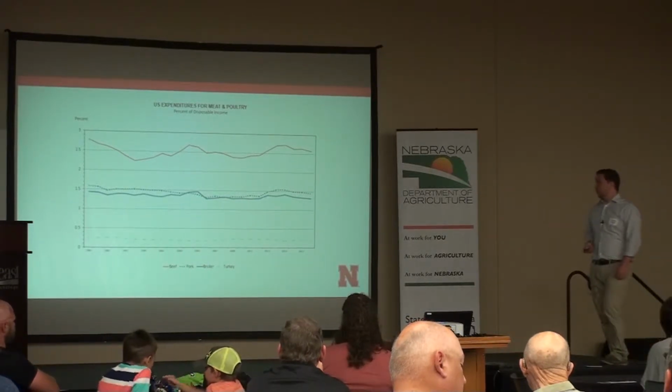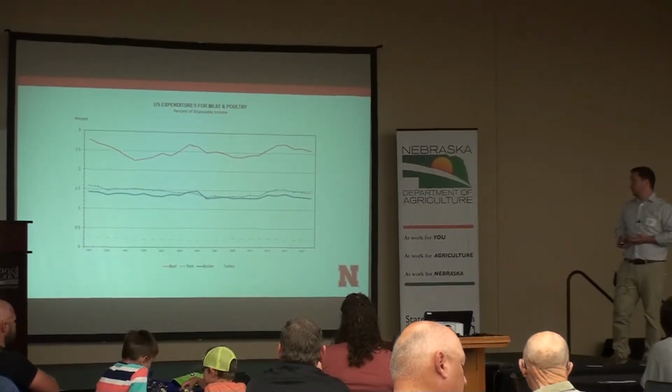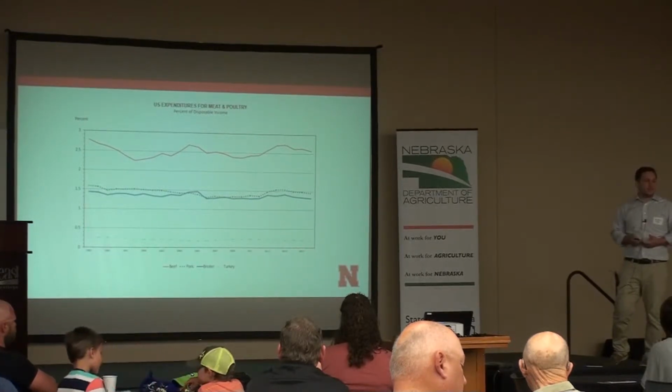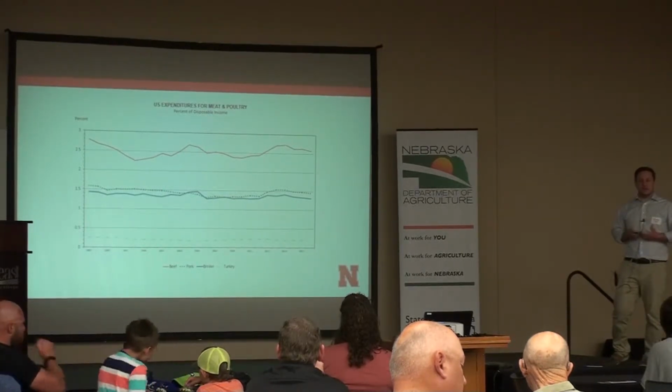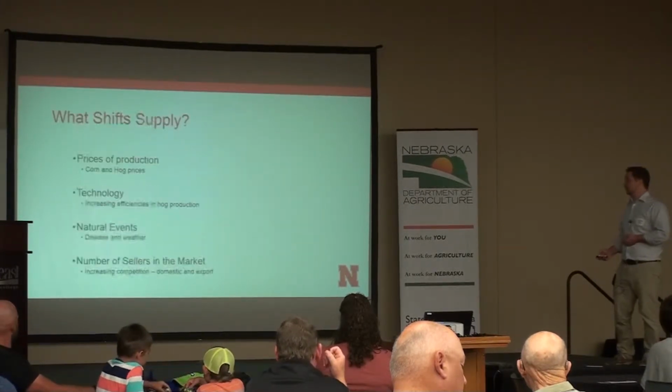So beef, it's about 2.5%, pork, it's about 1.5%, and same thing with poultry. So this further emphasizes the idea that a lot of this demand, a lot of this increase in product, is going to come through exports.